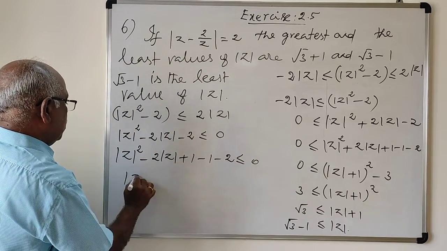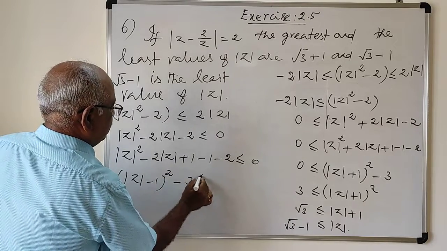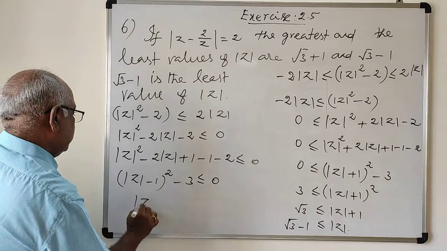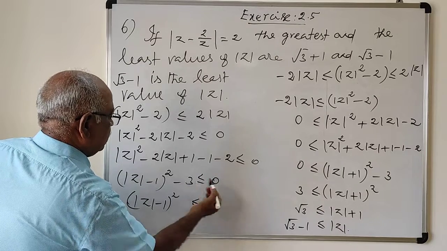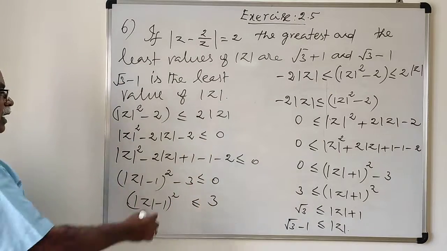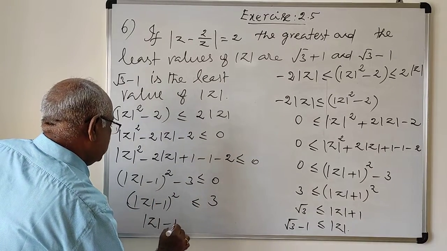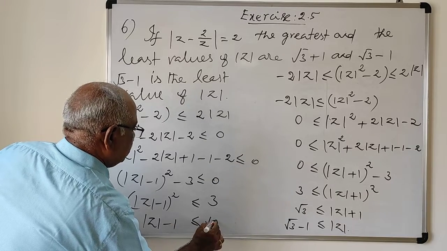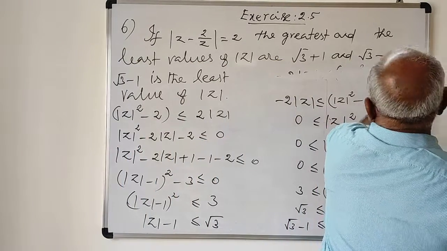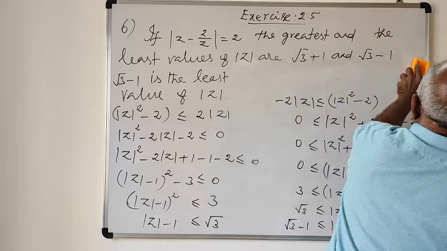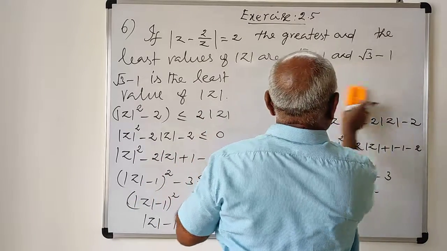These terms become mod z minus 1 whole square, minus 1 minus 2, minus 3, less than or equal to 0. Again, mod z minus 1 whole square is less than or equal to 3. Taking square root on both sides, mod z minus 1 is less than or equal to root 3. And minus 1, if you bring to the right hand side, it becomes mod z is less than or equal to root 3 plus 1.